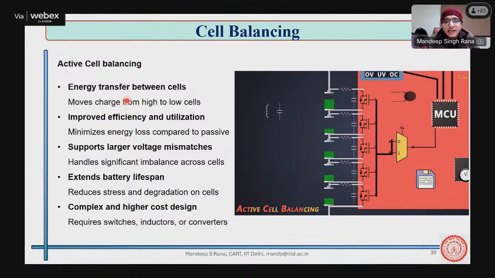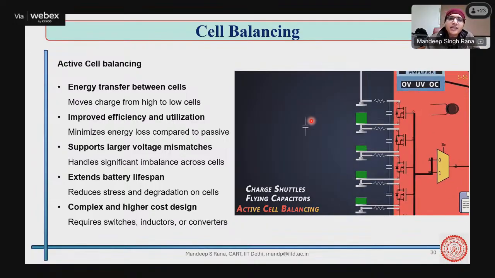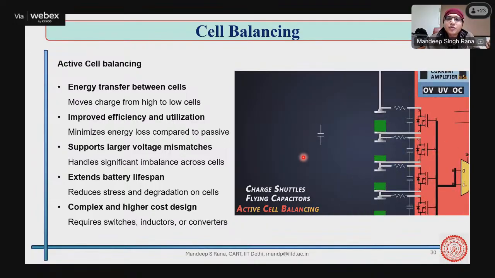I will have something called flying capacitors or inductors, which I would use to take any excess energy from one battery and charge it into another. It gives me the capability to do cell balancing without losing energy.